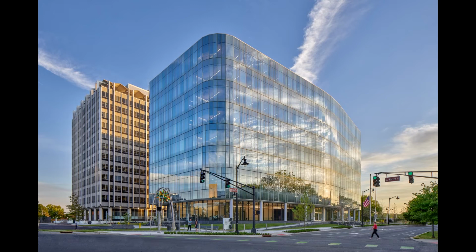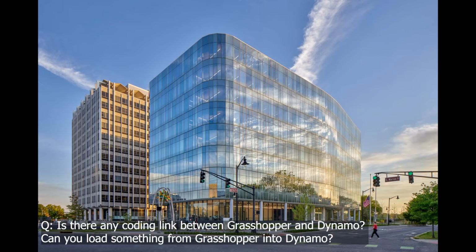Whereas the spaghetti mess of wires in a really complex Dynamo graph gets to be too much after a while. I know a bit of Grasshopper, but I don't know if there's any simple way to upload something from Grasshopper into Dynamo, or if it goes the other way.